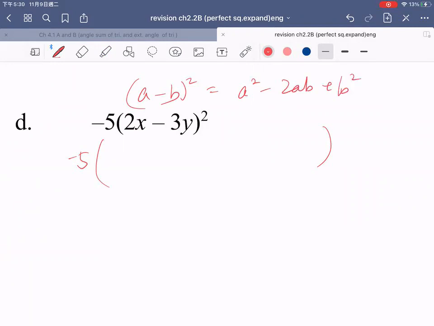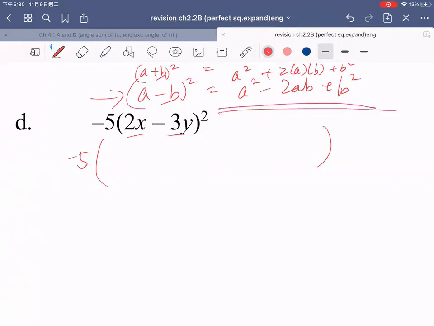Or you can think of negative b as a number, then you can think of (a plus b) bracket square as a square plus 2ab plus b square. And we can use this one. In fact, memorizing this one is much more straightforward.